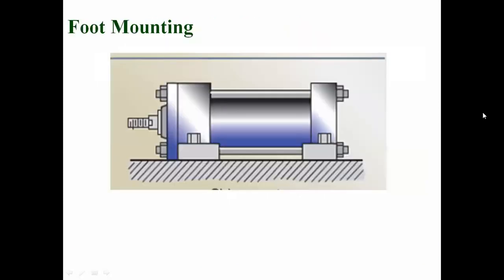Next one is foot mounting. In foot mounting, two bolts are provided in the casing and the casing is attached to the floor, so that your cylinder is mounted horizontally on the ground or the floor itself.